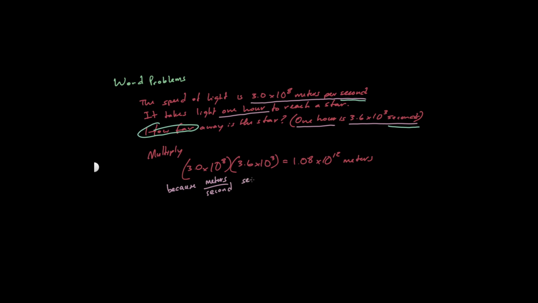The second one is just seconds. When you multiply those together, the seconds go away, and then the answer you get is just how many meters. And that's what they were looking for.